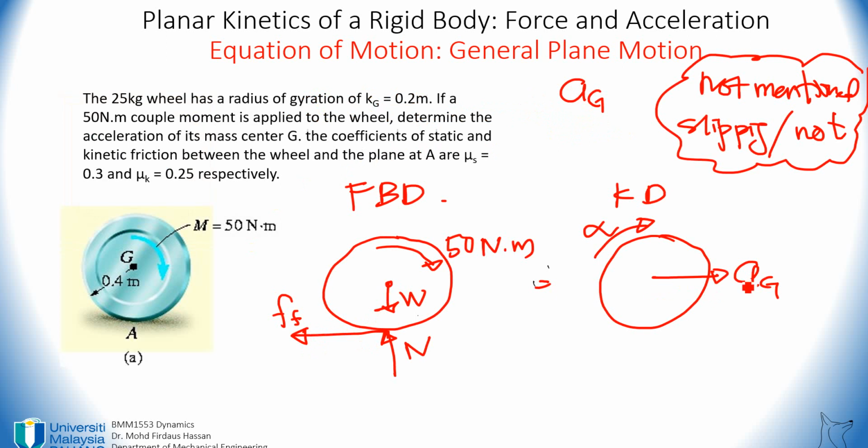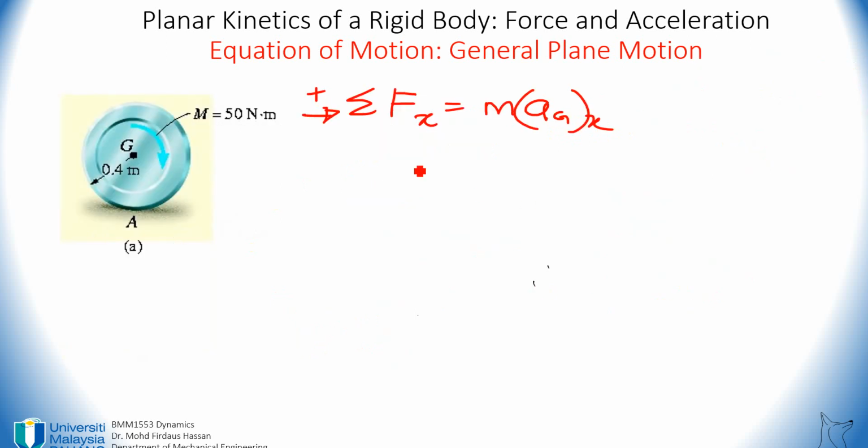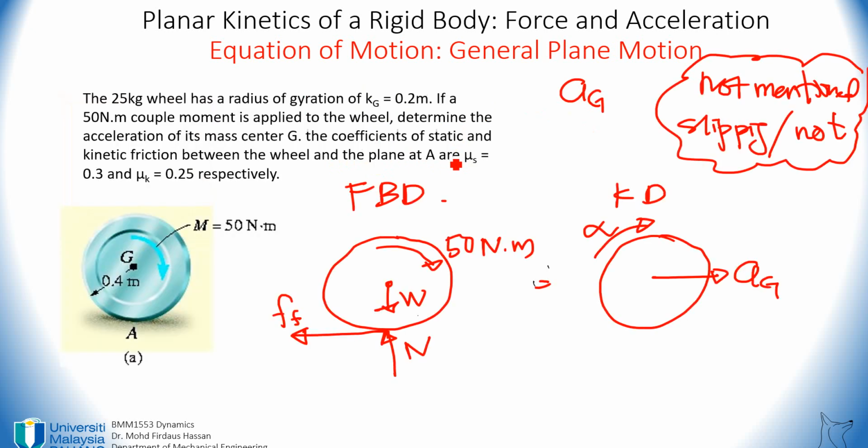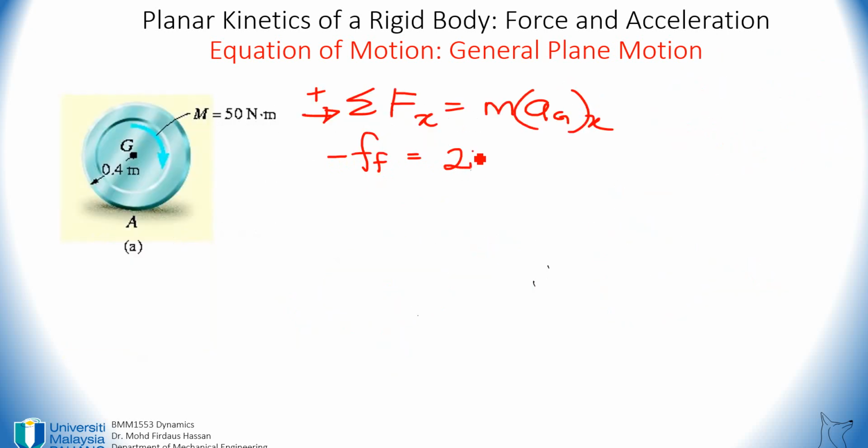And we have the motion to the right. So negative FF is equal to m, the mass is 25 kilograms, times aG x. The unknown here is aG x.